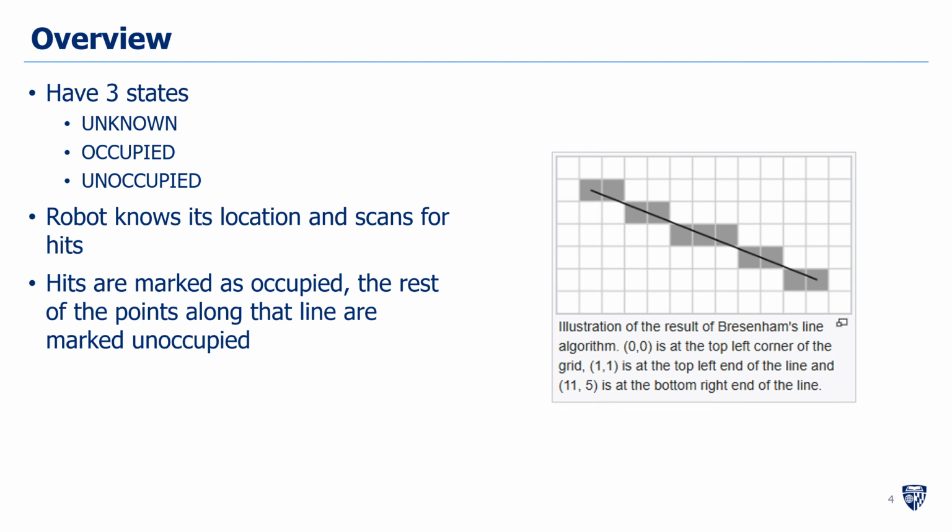In this case, I don't have a LiDAR sensor, so I already have data that has hits in it. Mine is just looking for those hits. And pretty easy, the hits are marked as occupied. The rest of the points along that line are marked unoccupied. And before it gets to it, they're marked unknown.